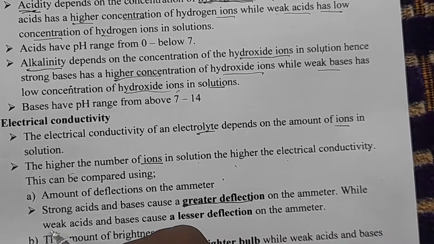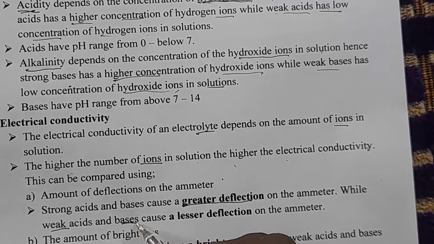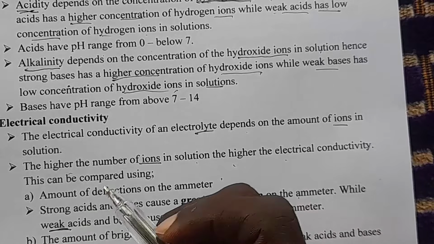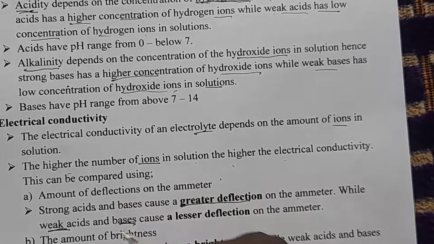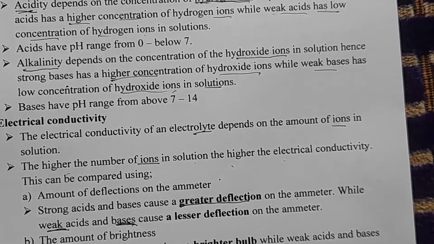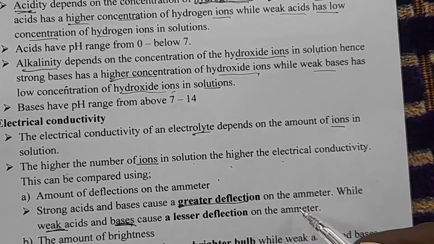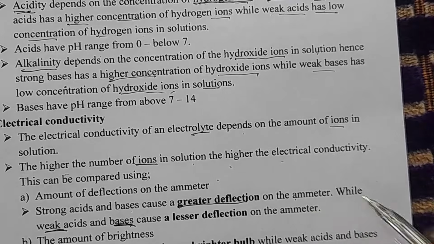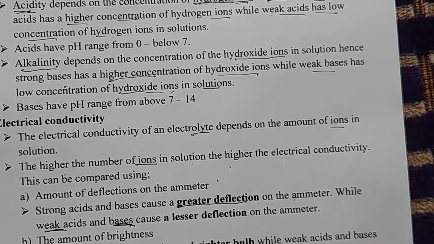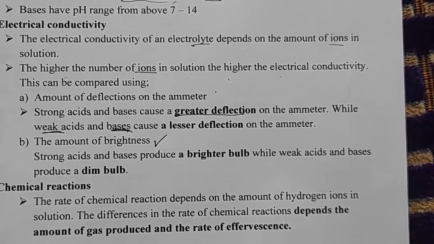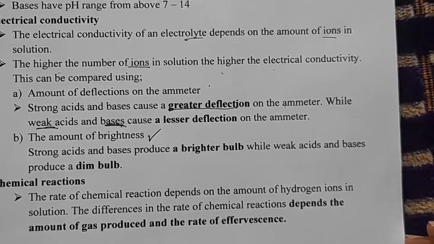While if you are dealing with weak acids or weak bases, for example, ethanoic acid or oxalic acid as your weak acid, and calcium hydroxide as your weak base, they are going to have a lesser deflection on the ammeter. We can also see the electrical conductivity in the amount of brightness that a bulb can give out.